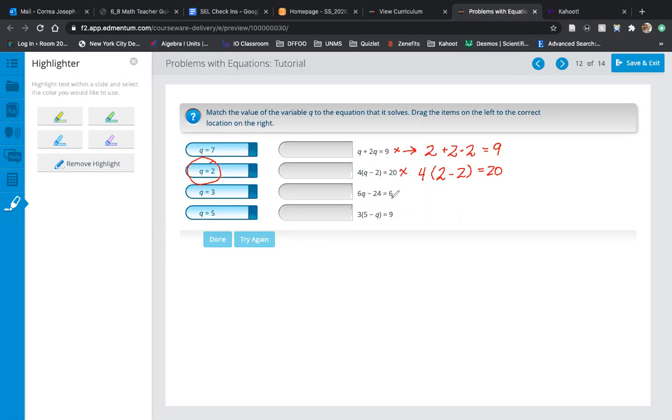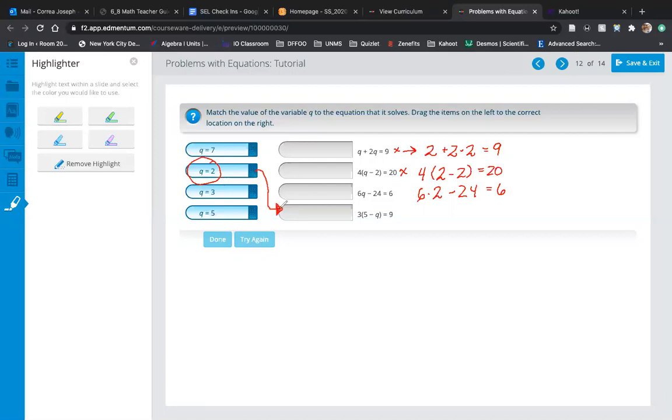Now I only have to check one more of these two before I know which one it goes with. So last one I'm going to check, we'll see this one. So 6 times 2 minus 24, is that equal to 6? And I'm going to say no, because this is 12 minus something big, can't possibly be 6. So that tells me that I don't even have to check.